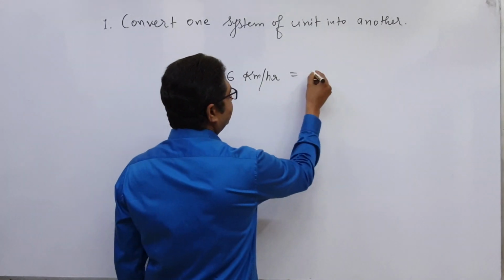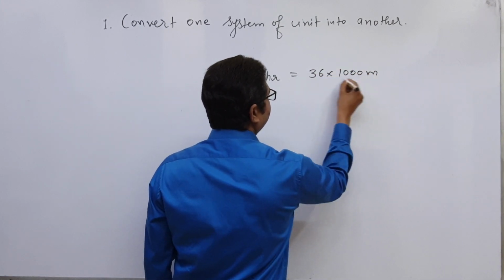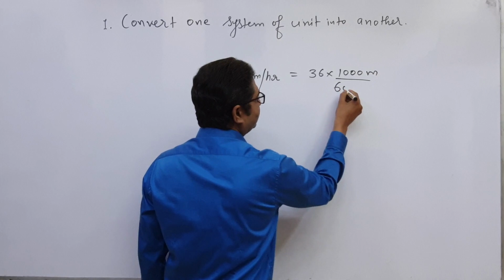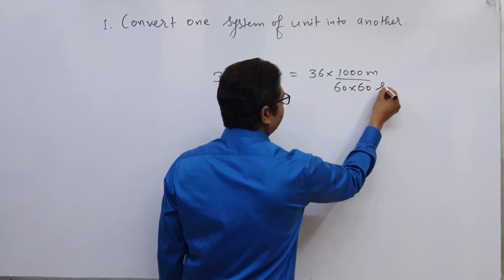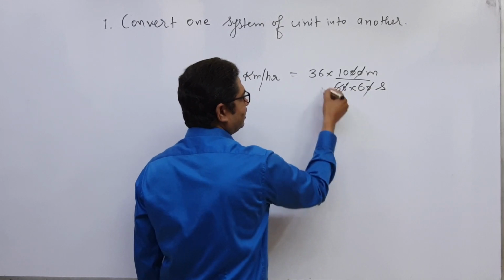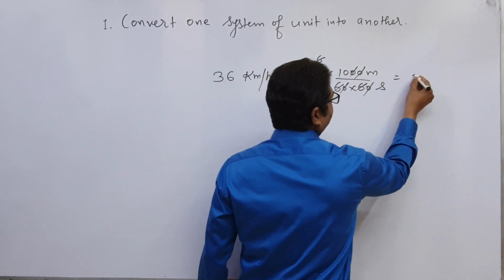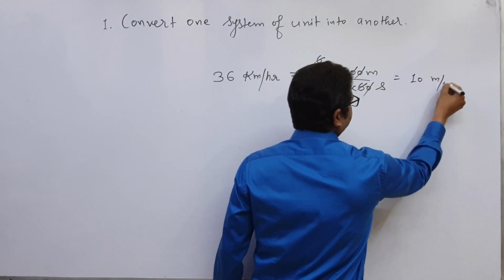Then you write 36 into 1000 meter divided by 60 into 60 second. So the zeros will cancel out, the 6s cancel out, and you get 10 meter per second.